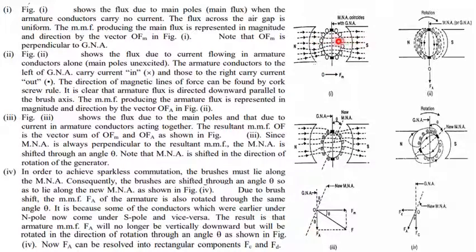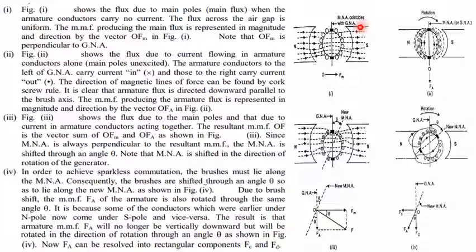That will be pointed from the north to the south pole. The MMF producing the flux is represented in magnitude and direction by the vector OFM. Now here OFM is a vector which is perpendicular to the GNA, the geometrical neutral axis, and GNA and MNA both coincide with each other.